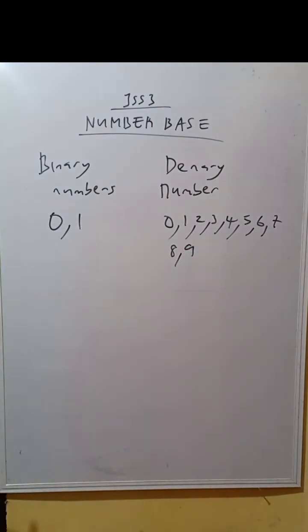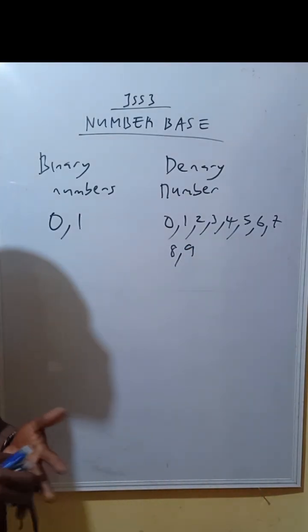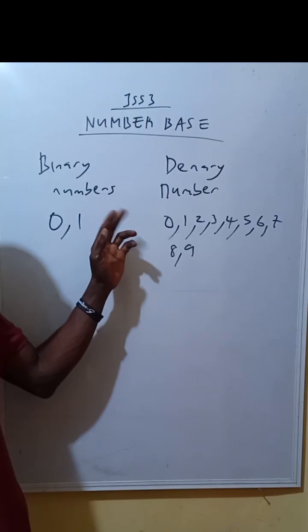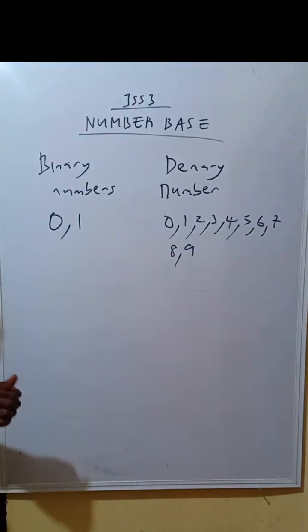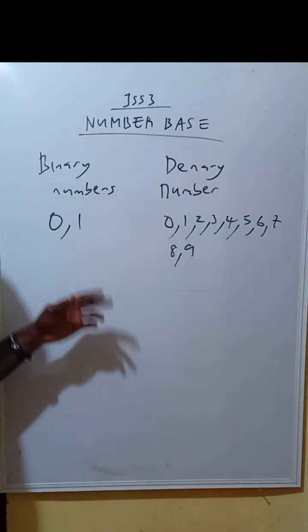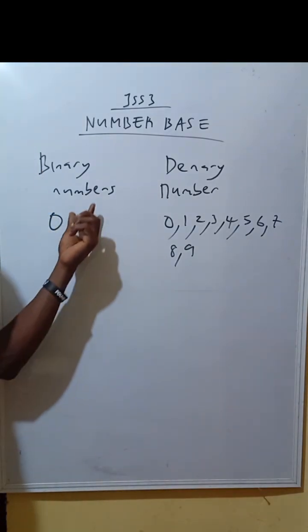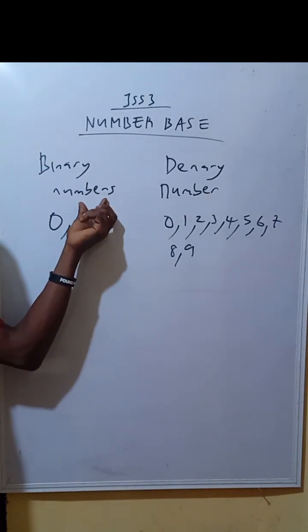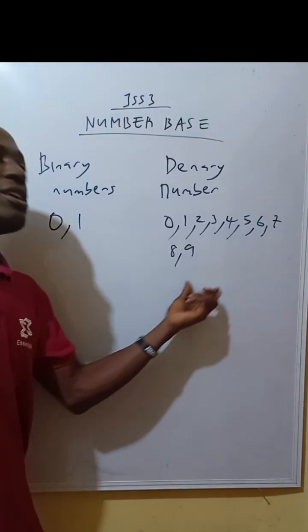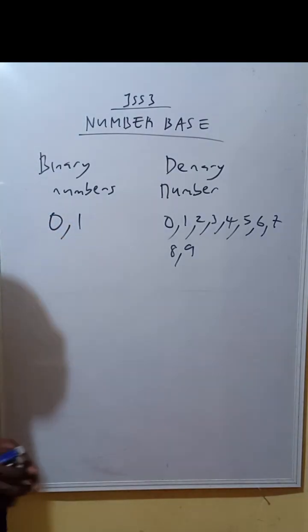The focus of this lesson is that you're going to learn about binary numbers and denary numbers, the differences between them, and how to convert from binary numbers to denary numbers, and from denary numbers to binary numbers. Or simply put, how to convert from base 2 to base 10, and from base 10 to base 2.